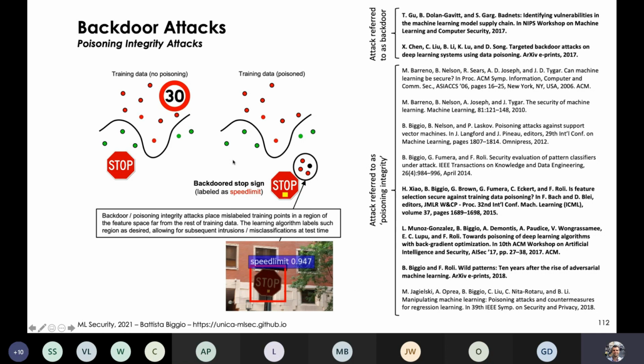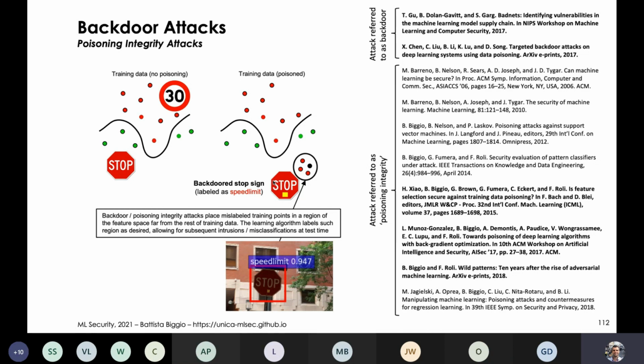Now, how is this possible? The idea behind these attacks is that typically a lot of companies nowadays, more or less explicitly, outsource the creation of the models. In fact, there are a lot of pre-trained models that you can download from the web, for instance, from open source repositories. So the assumption of the authors, which is very well explained in this paper that you see here, BadNets, was: let's say I'm an attacker.